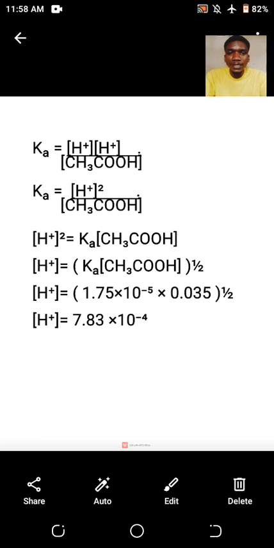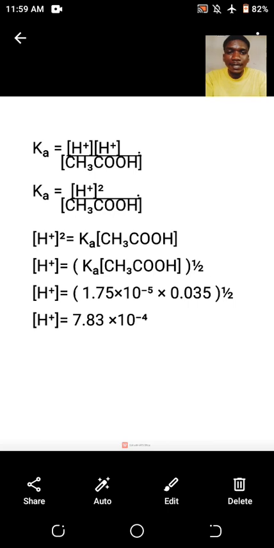Then let us make the concentration of hydrogen ion squared the subject of the expression above. We have the concentration of hydrogen ion squared is equal to Ka times the concentration of the acetic acid.